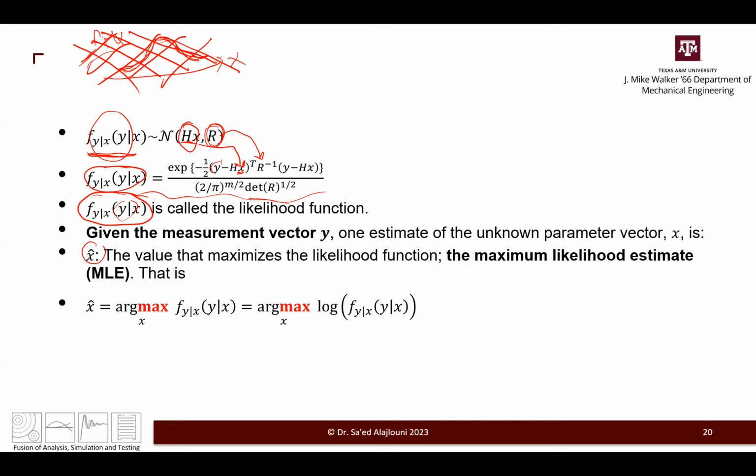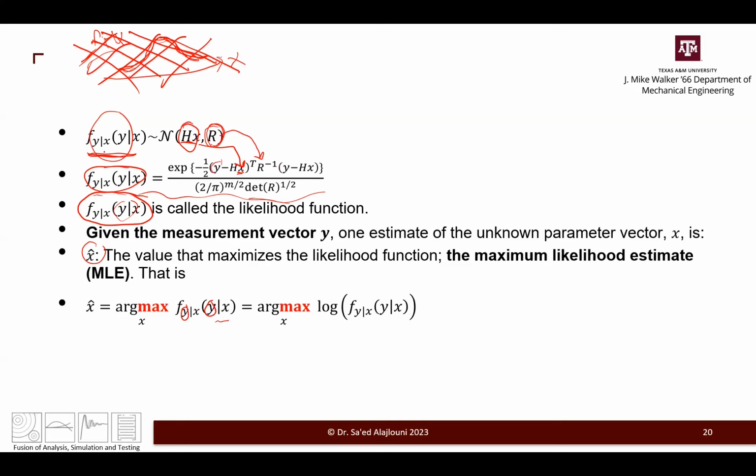So now pay attention. Y is given. I want to stress this again. Y is given. So once you substitute the value of y, you have a function of x, really. This is the likelihood function, and as a function of x, it is not Gaussian anymore.